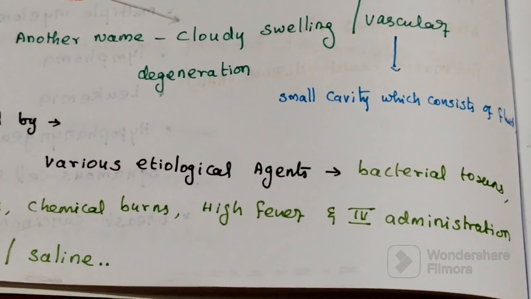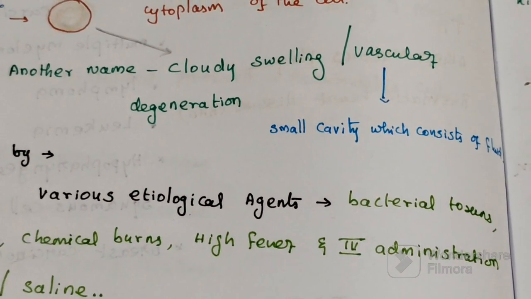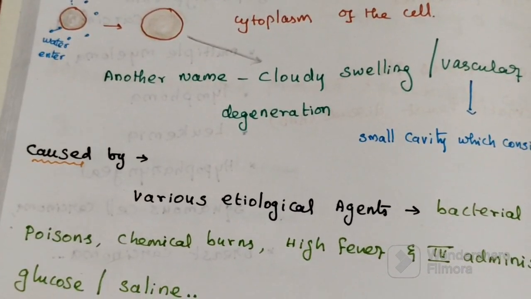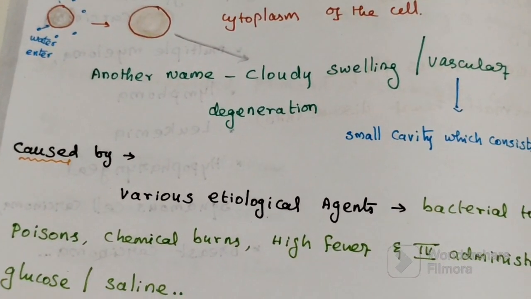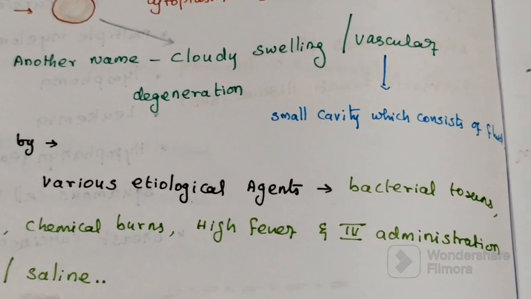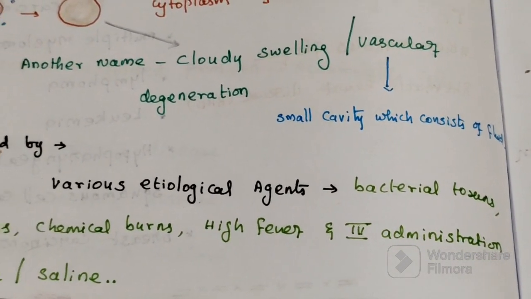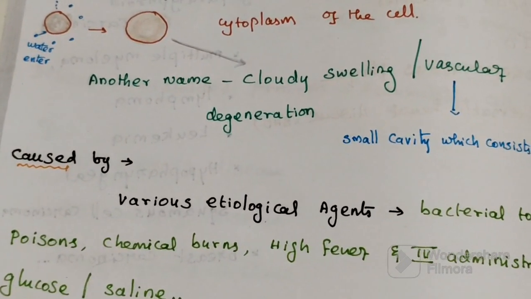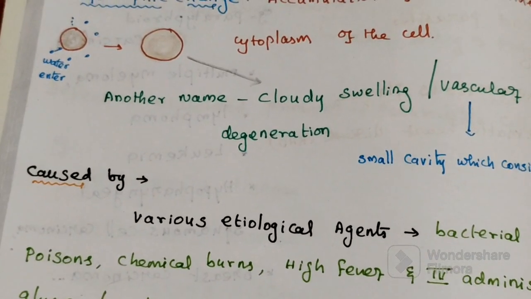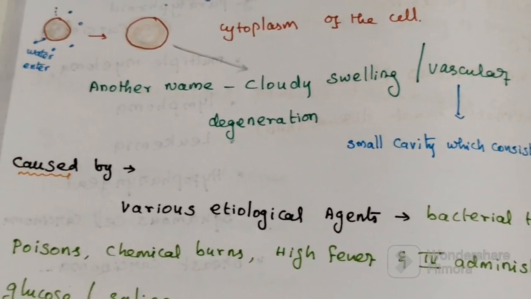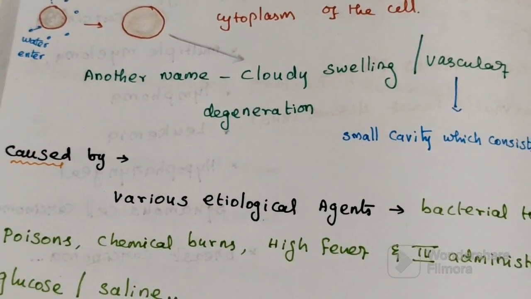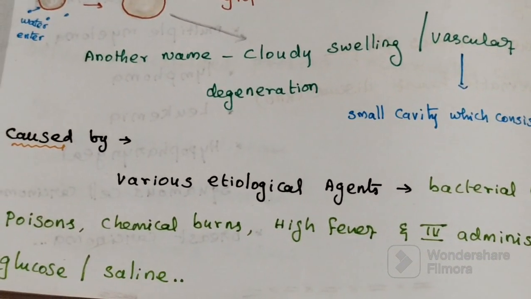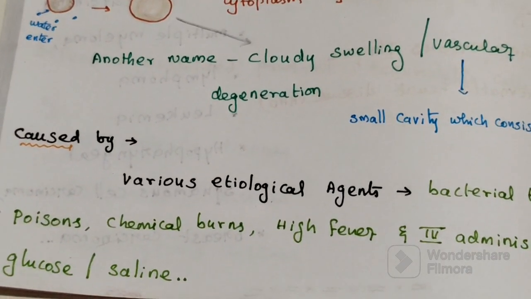It is mainly caused by various etiological agents like bacterial toxins, chemical poisons, high fever, and intravenous administration of glucose and saline.